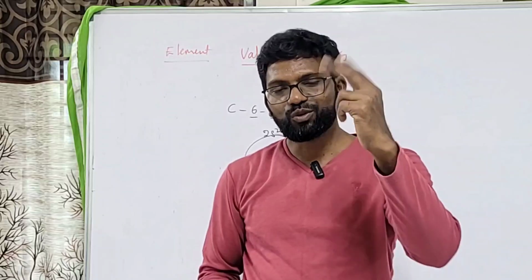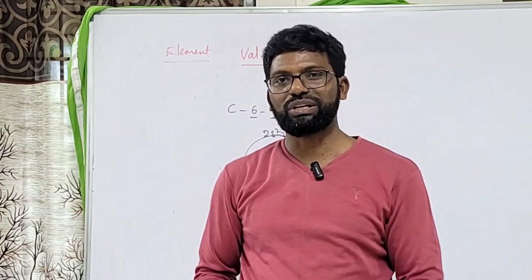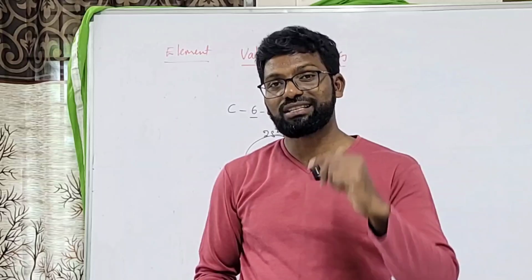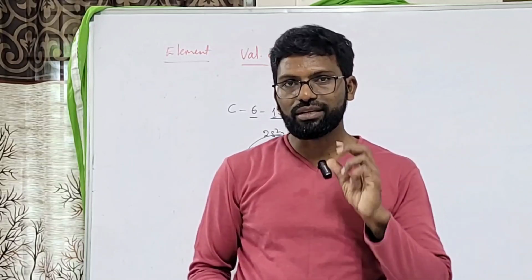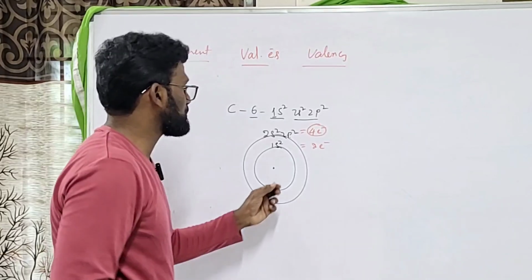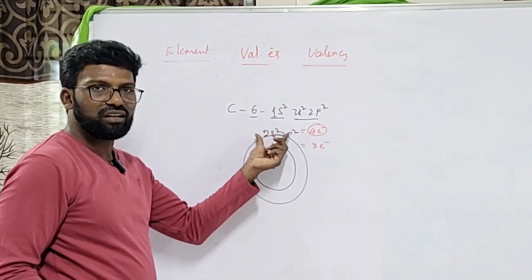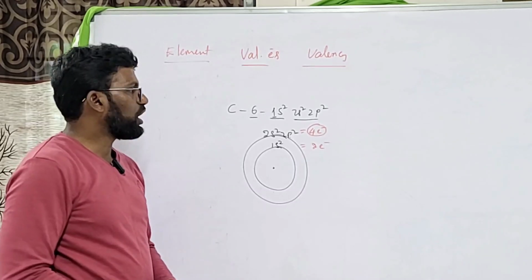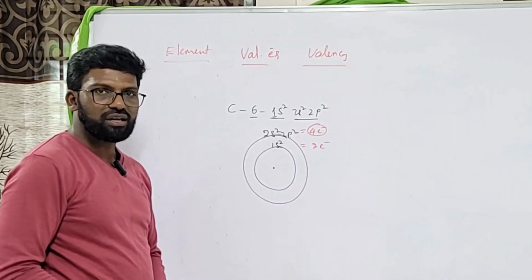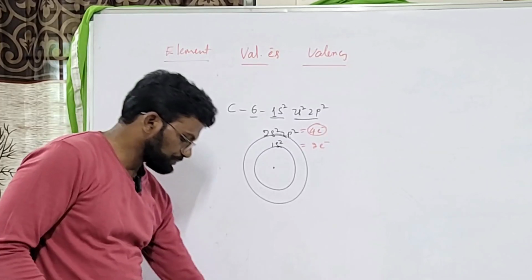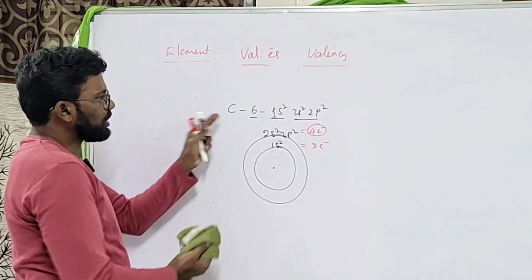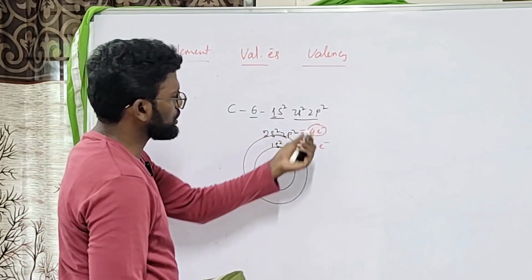Only 2. Those students are called outermost students or outer valence students. Similarly, in an atom, the electrons present in the last shell, the last orbit, are called outermost electrons or valence electrons. Now, how many valence electrons does carbon have?